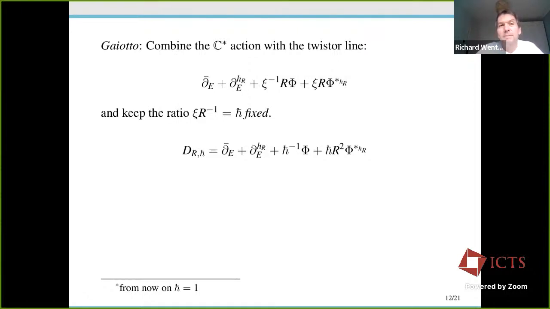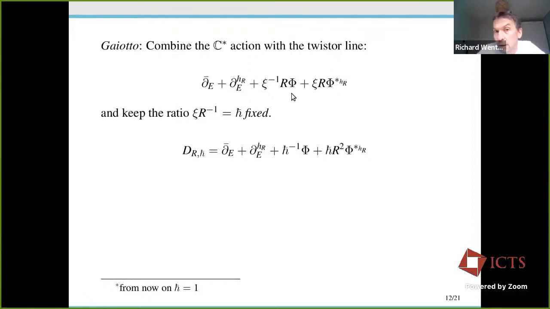But in any case, his idea is to combine these two actions on the Hodge moduli space that I mentioned, namely the twistor line with the C star action, and move along those two holomorphic sections in a way that is proportional. So again, what am I doing? On the one hand, I'm scaling the Higgs bundle. This is the C star action.